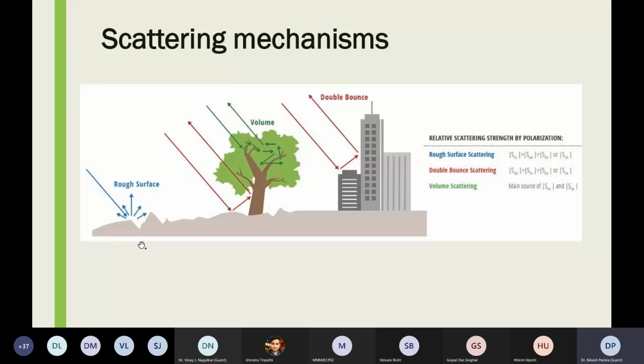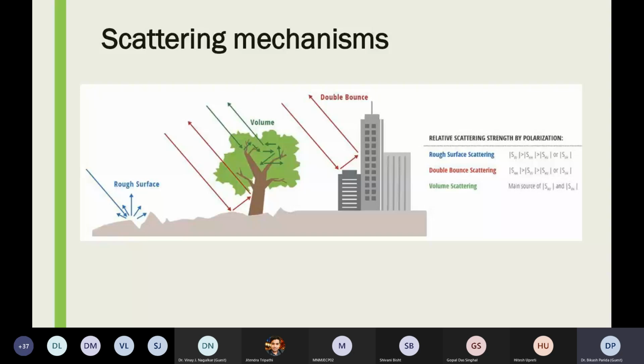You can see how it is scattered mostly from the water surface and bare soils, where rough surface scattering is happening. And if your transmitted energy hits ground that is covered by trees or any kind of shrubs, you'll mostly see volume scattering. Because the signal is penetrating, and then the signal is going through the entire tree.